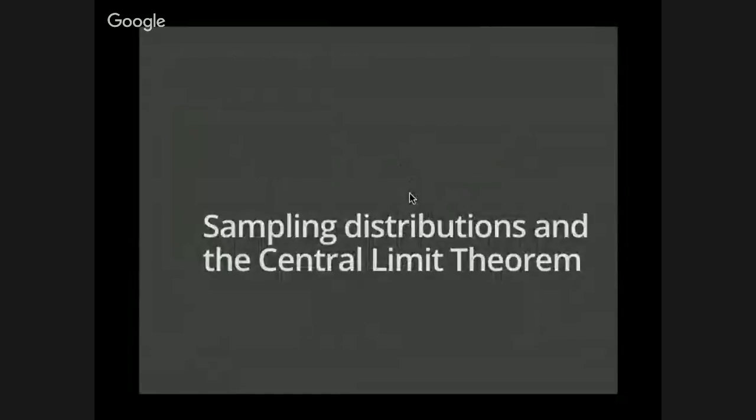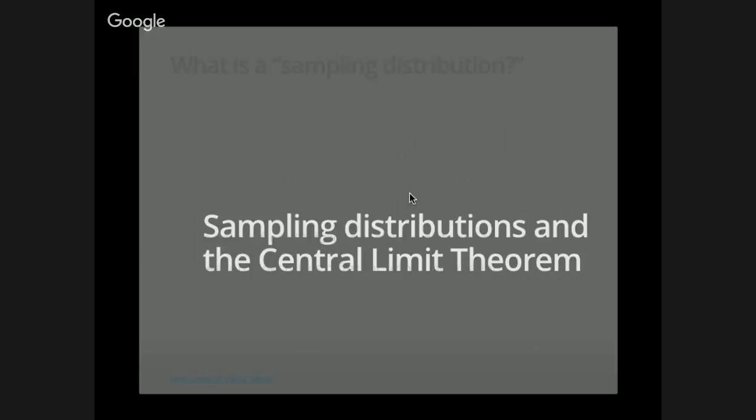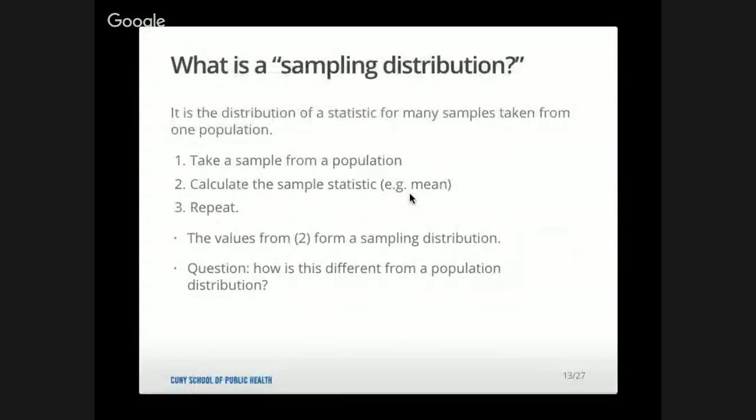So now we know about sampling from populations. We can talk about the resulting sampling distributions and the central limit theorem. I think that intuitively you probably have some understanding of what a population distribution is.